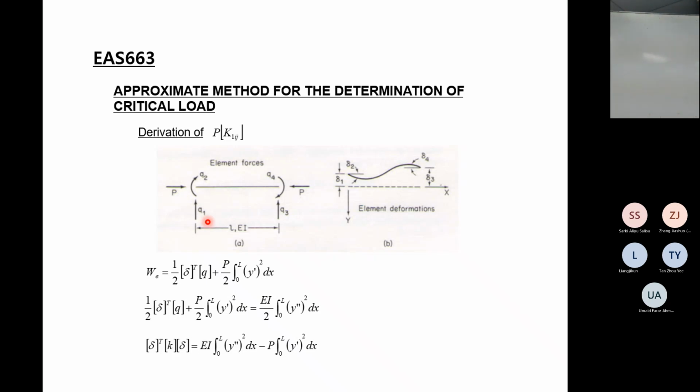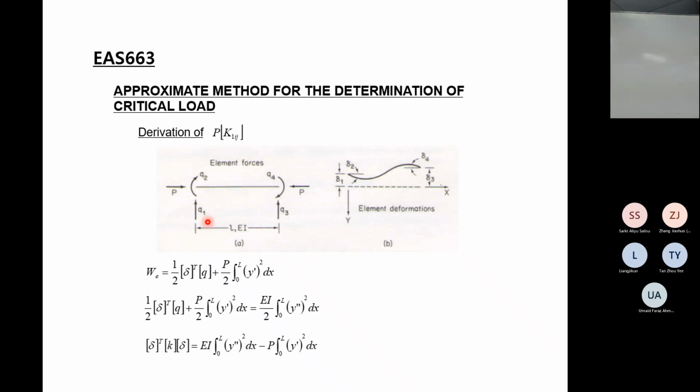Then when this element is subjected to bending, at the same time it is subjected to a constant axial force. This is what happens to the element: it will deform.